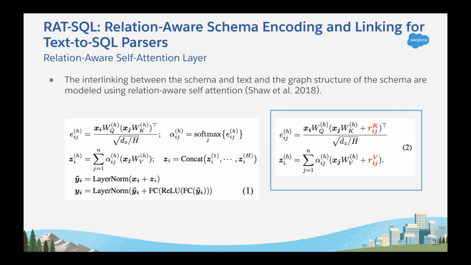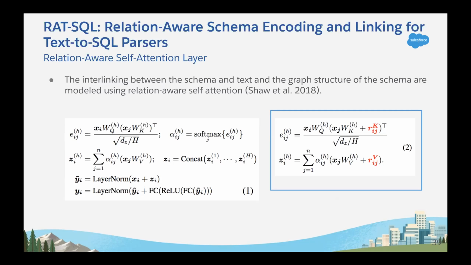You can see equation 2 on the right side. In order to embed the relations found in the input question and the schema, they make some changes to equation 2, where the top one is for attention and the bottom one is for information aggregation. First, it learns a representation for each relation.